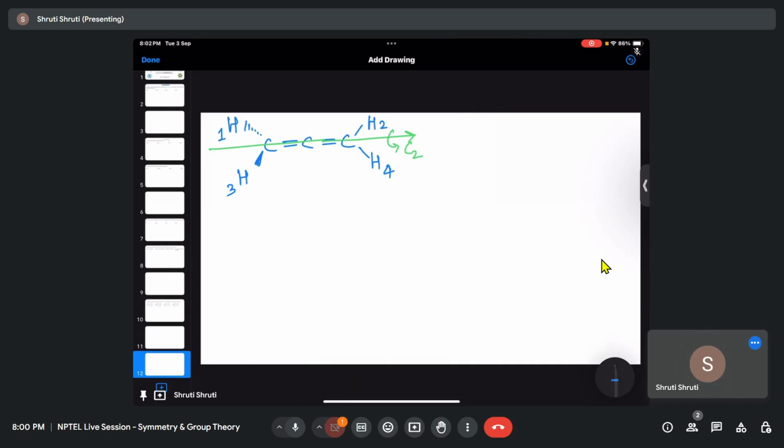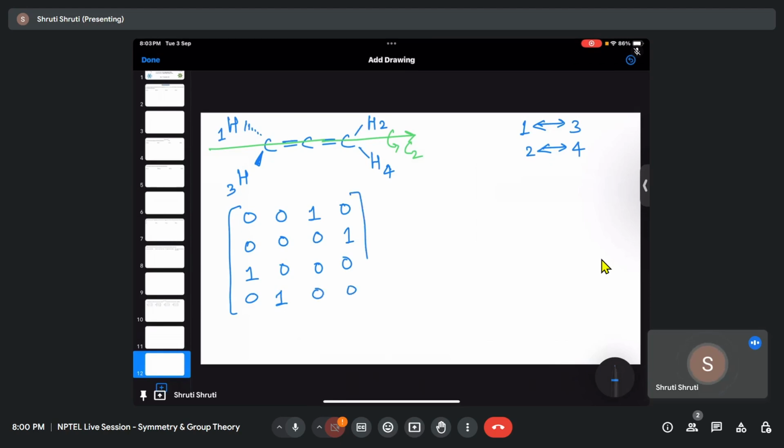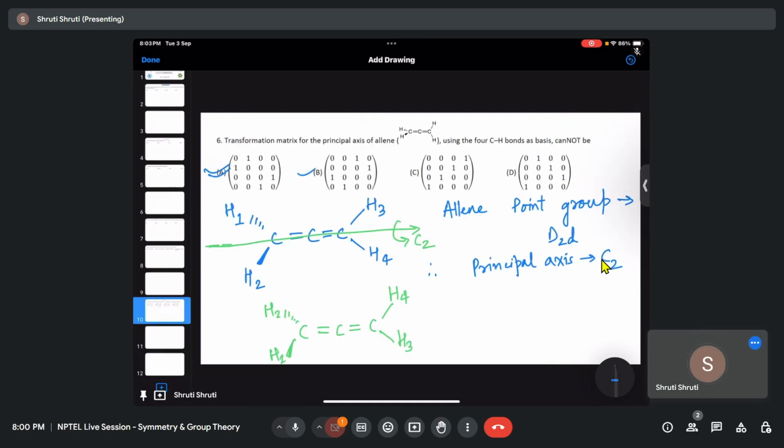This will give 1 changing to 3, 2 changing to 4, 3 changing to 1, and 4 changing to 2. So the matrix will be 0, 0, 1 in the first row, and so on. So this is also possible. This is given in option B.